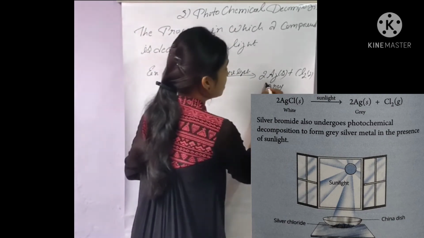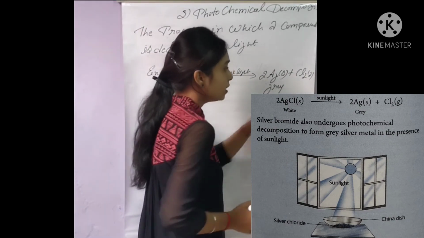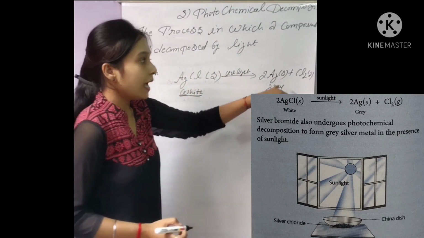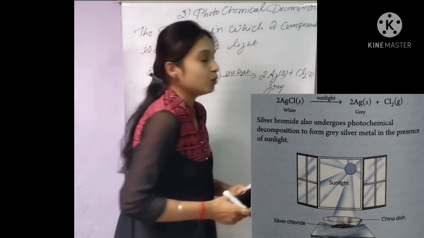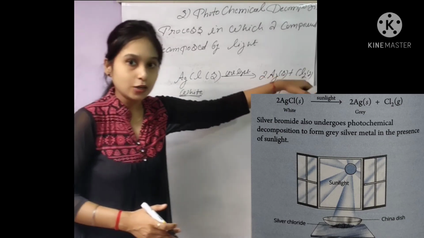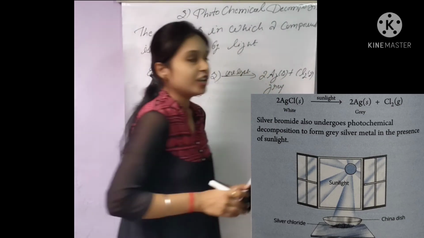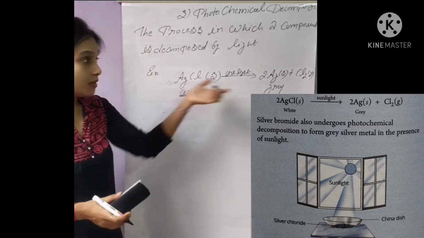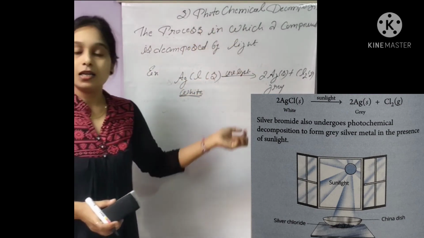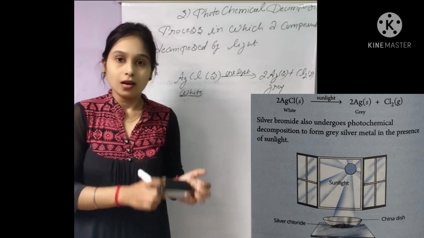First is silver in a gray color, solid form, and second is chlorine, diatomic chlorine, and this is present in gas form. Okay, so in this condition the photochemical decomposition reaction is completed.